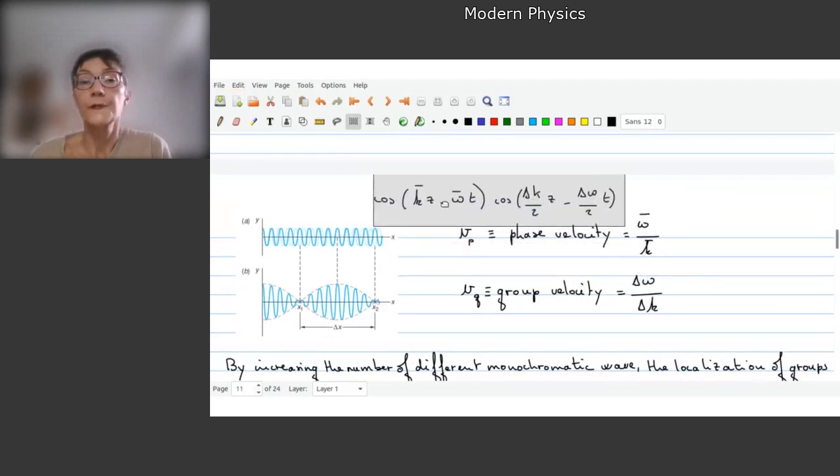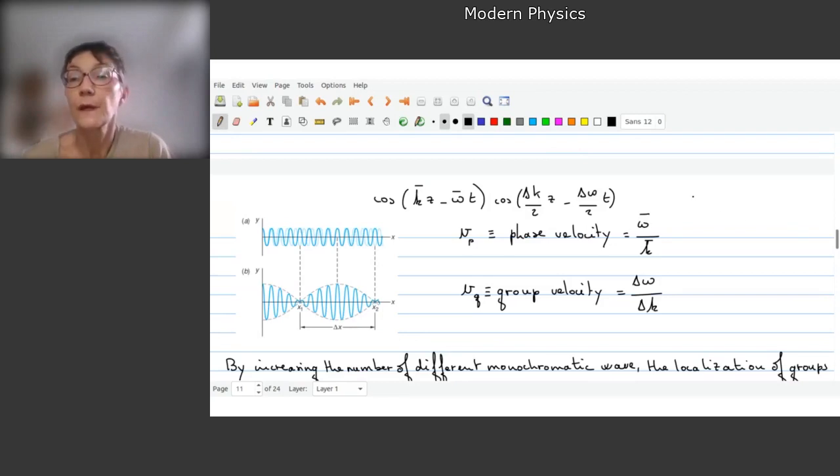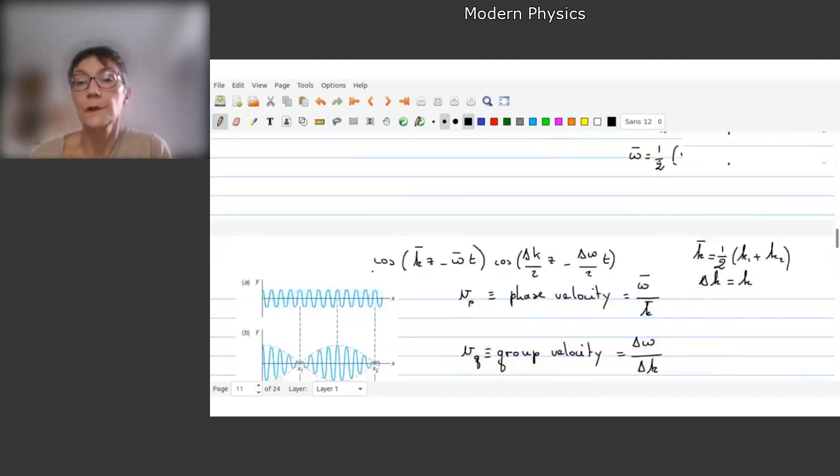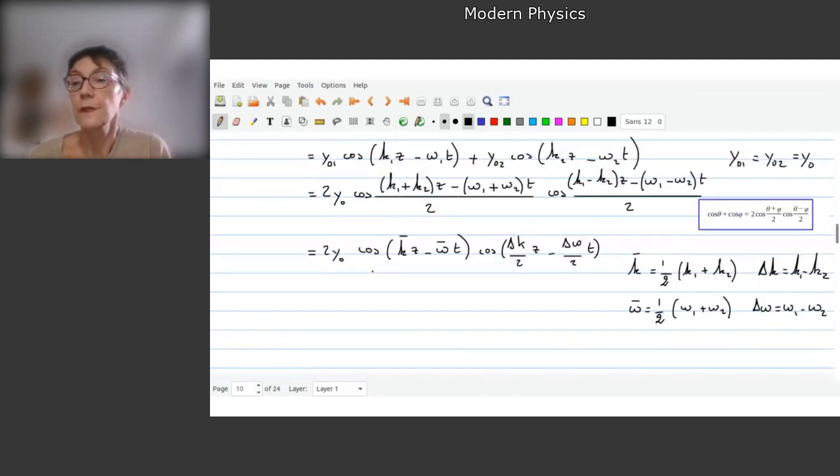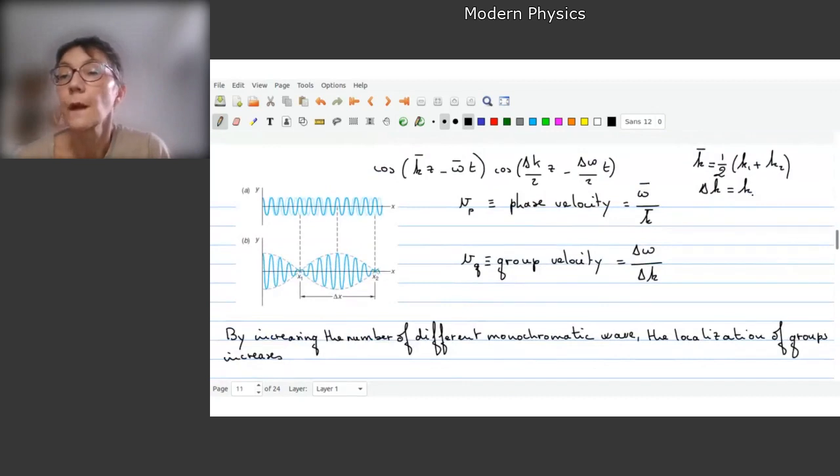What is the higher frequency? It is the spatial frequency, because it's spatial. So you have k bar, which is equal to half of k1 plus k2, and delta k, which is equal to one minus the other, k1 minus k2.